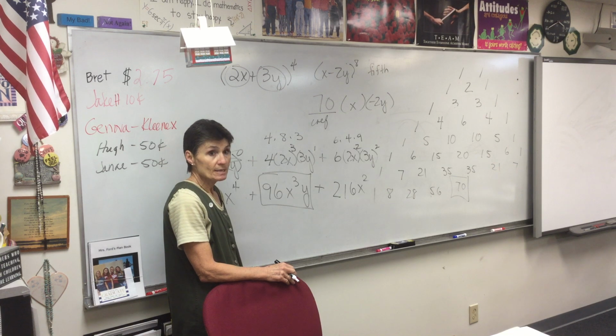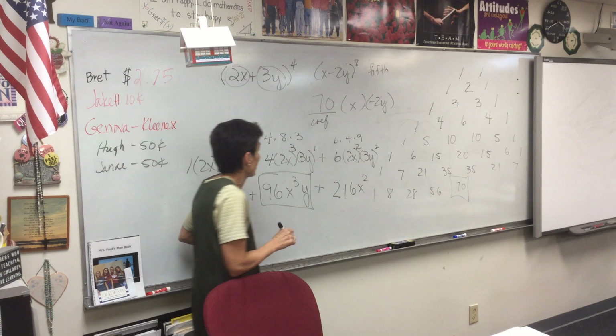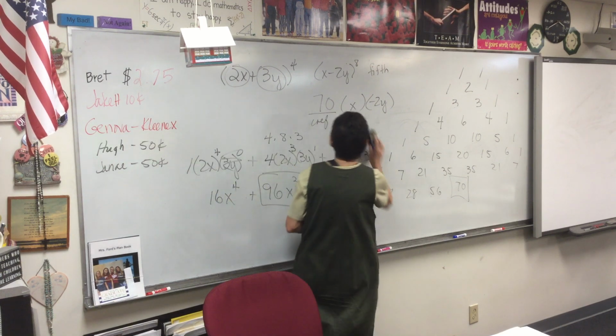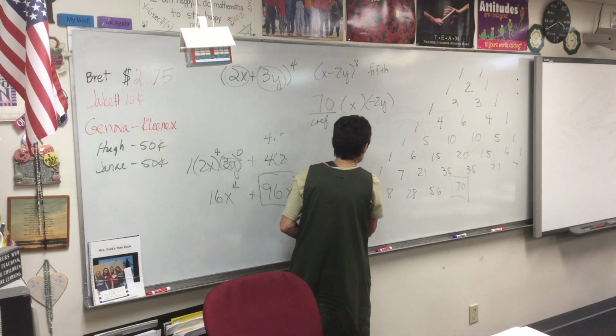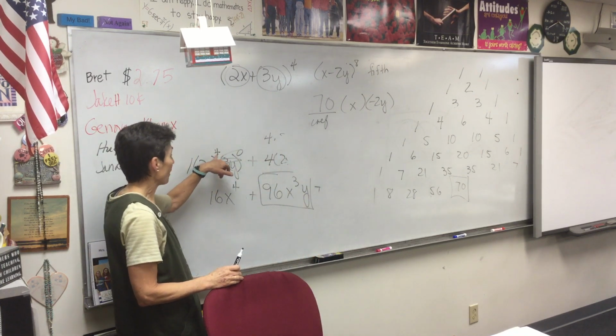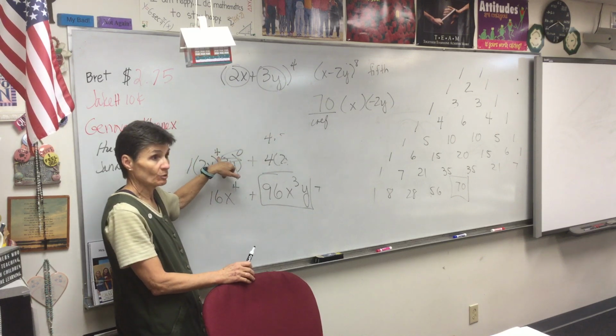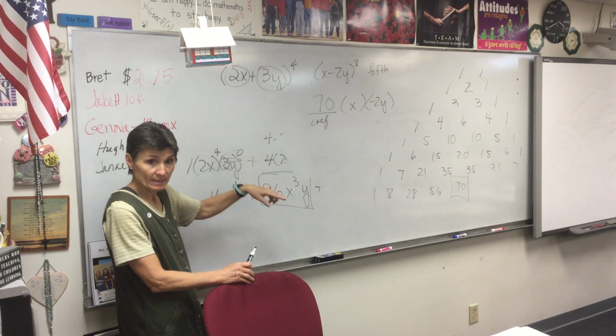All right? Now, the only thing I don't have are powers. I need to know what the powers are. So, remember in the big one that we just did, how did we assign the powers? This was to the 4th, so we started with 4 and counted down.